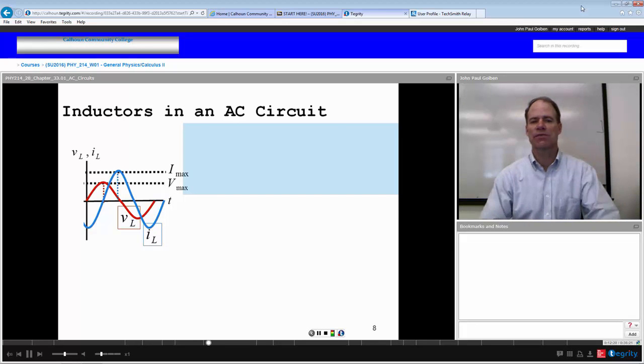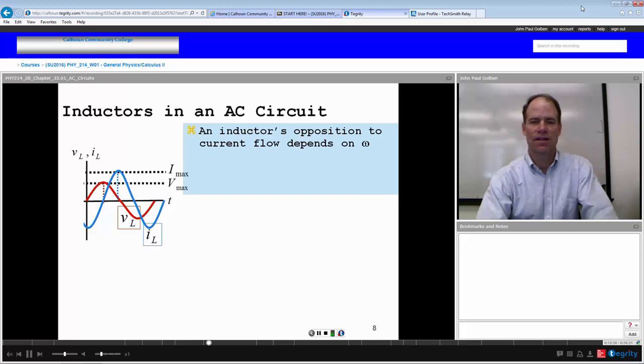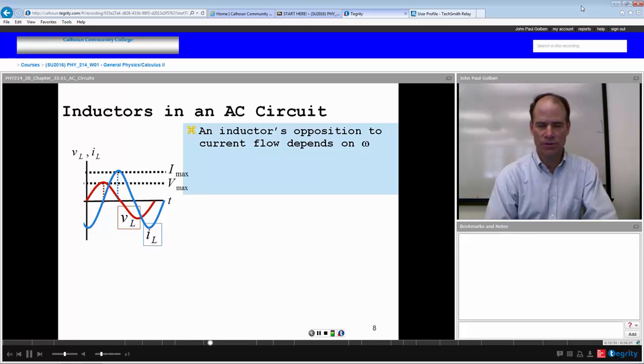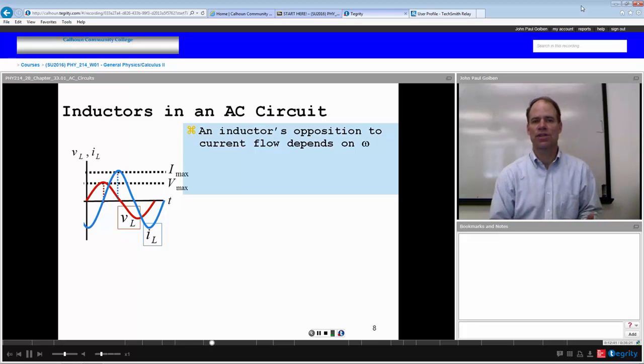What happens if we have an inductor in an AC circuit? Well, we know from chapter 32 that the voltage across an inductor is proportional to the change in current per time. If the current's not changing, then there would be no voltage across an inductor.